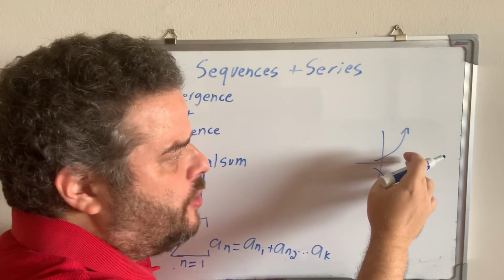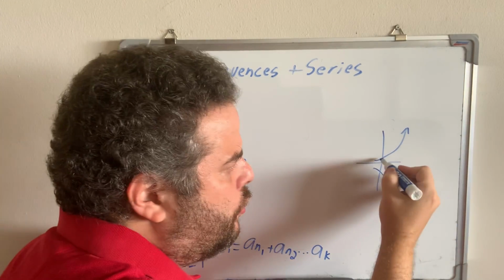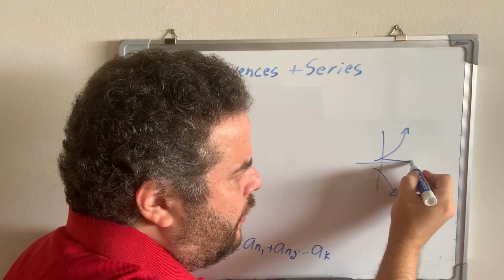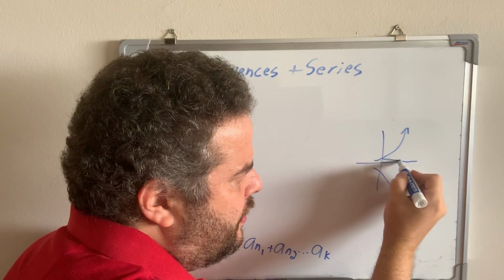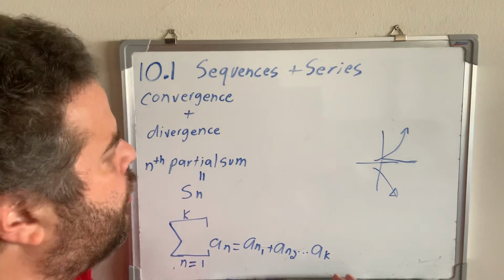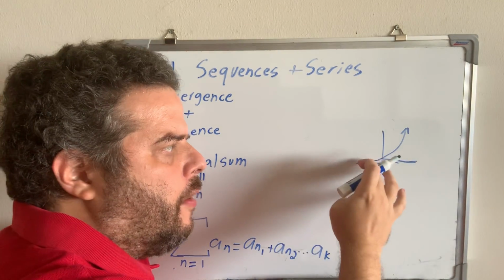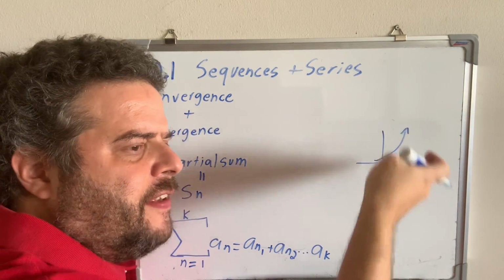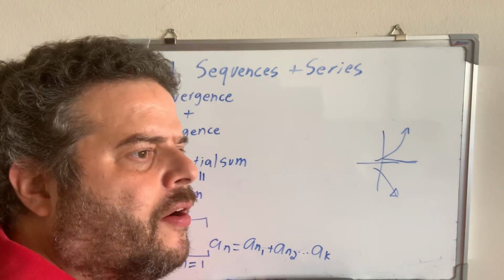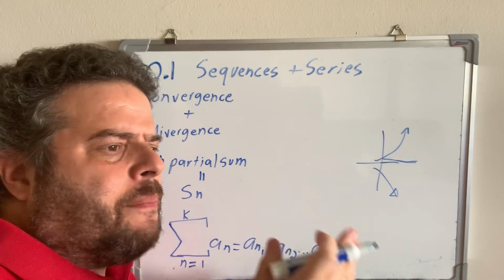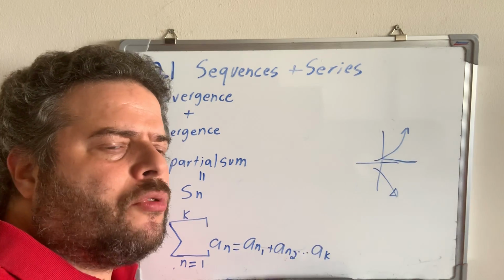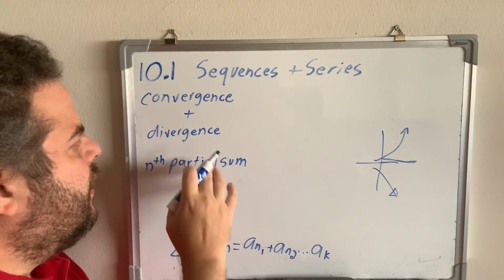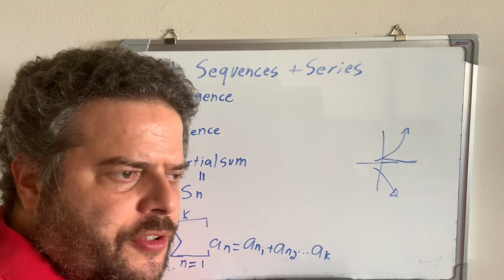And as x approaches infinity, y approaches a particular value. Many times it's 0. So pretty much, when it goes to positive infinity or negative infinity, or pretty much any time it does not approach a particular value, it is divergence.